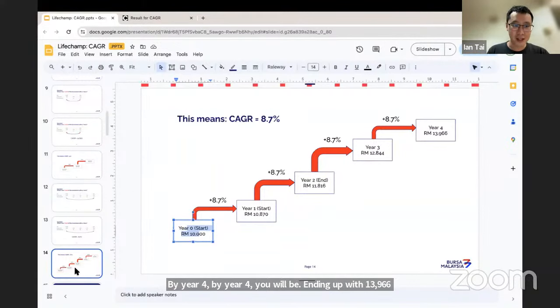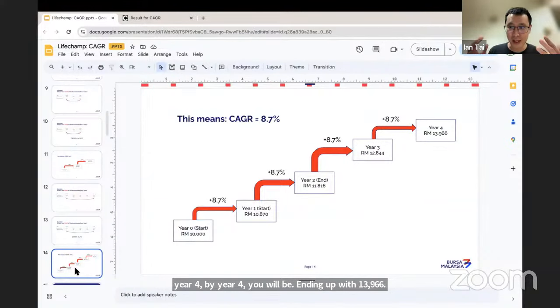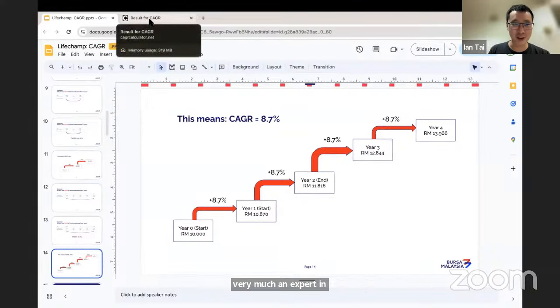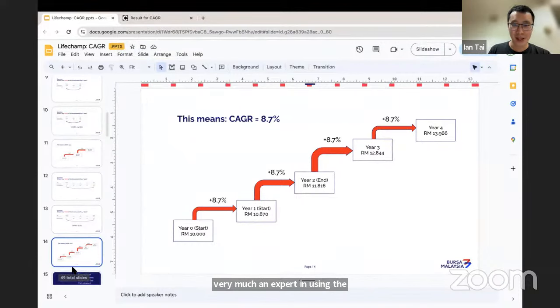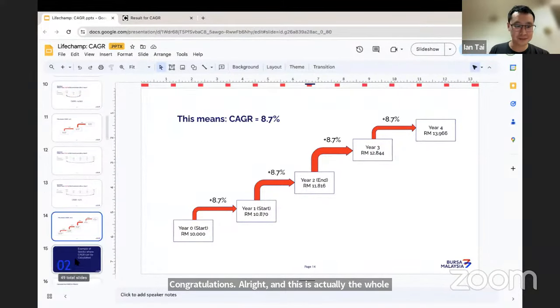Okay, so that is actually how you do CAGR. All right, and a lot of you guys are now very much an expert in using the CAGR calculator. Congratulations. And this is actually the whole context of using CAGR.